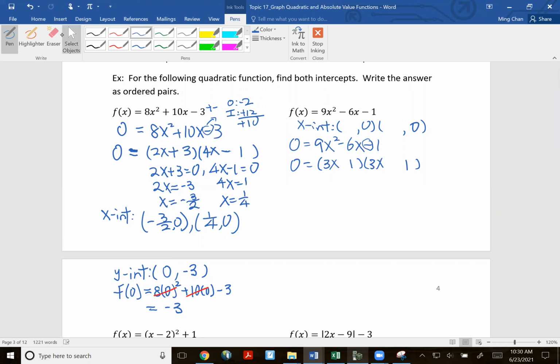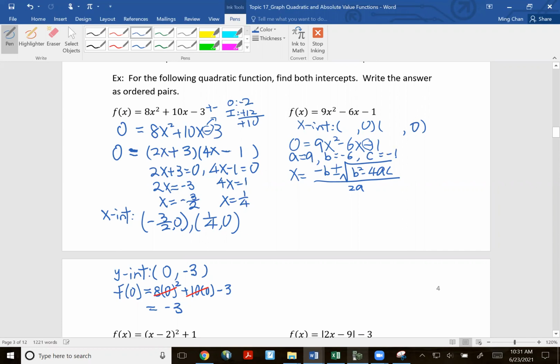So if I cannot factor, then I can use my quadratic formula. Remember, the quadratic formula says x equals negative b plus or minus the square root of b squared minus 4ac, whole thing, both terms on top, over 2a. So my coefficient a is 9. Coefficient b is -6.